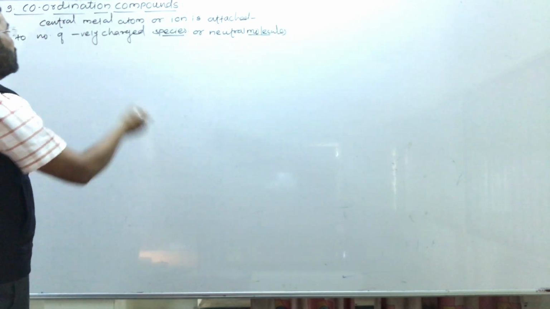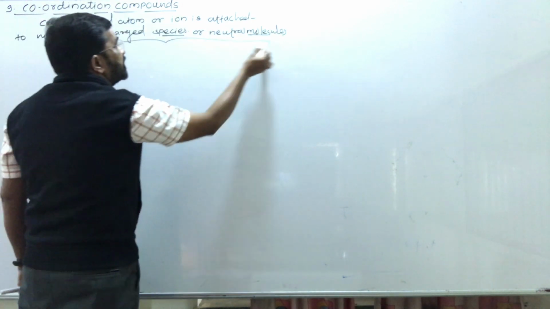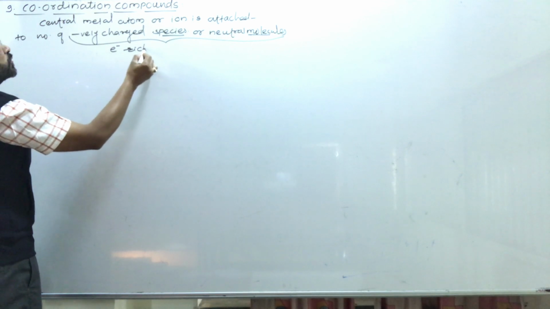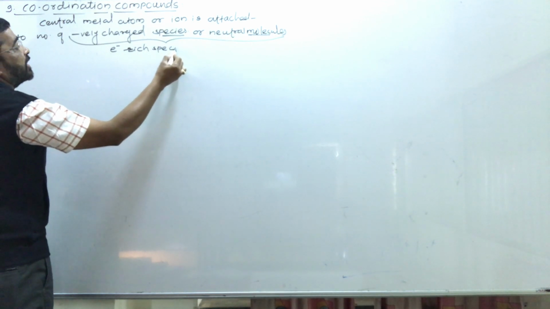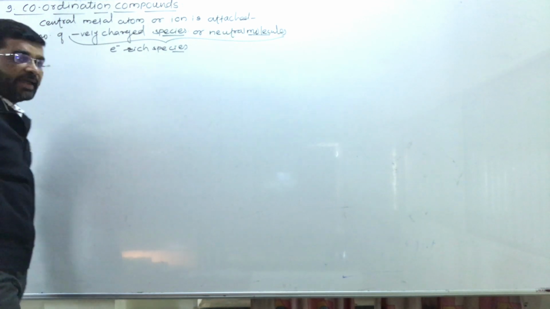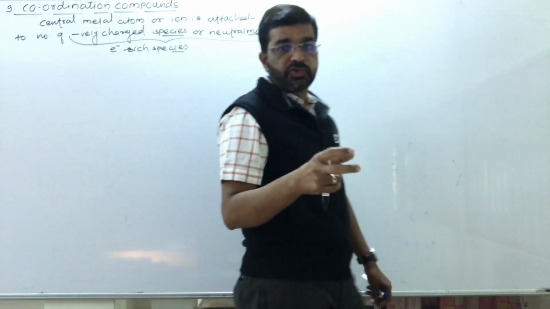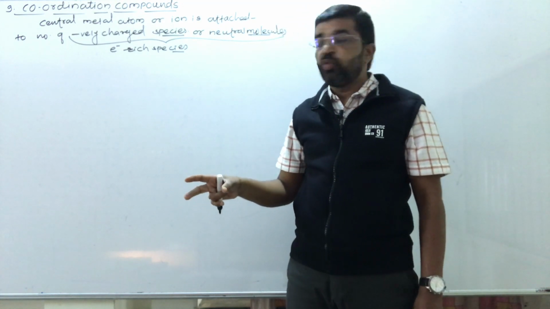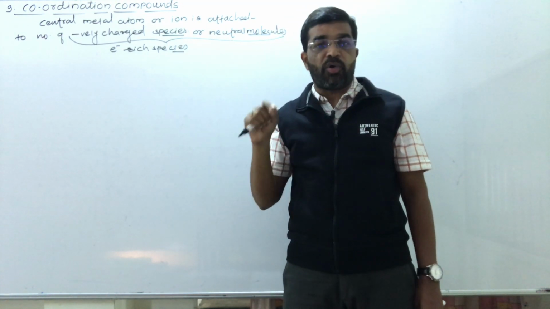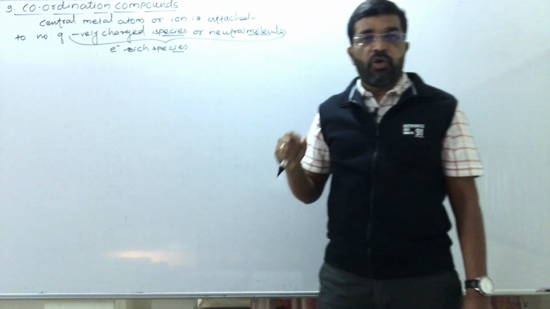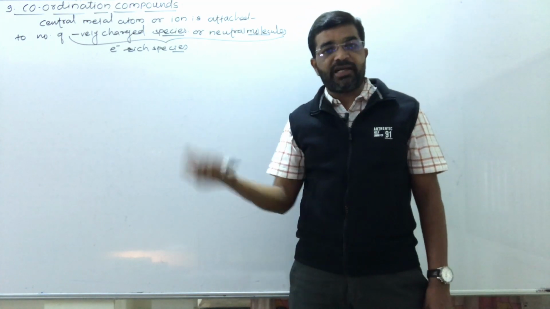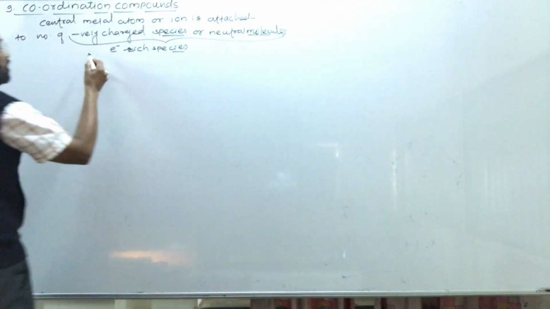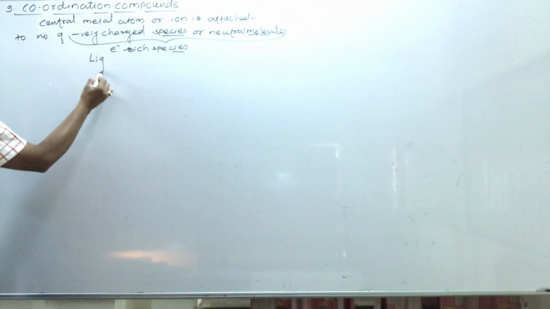So these negatively charged species or neutral molecules, actually these are electron rich species. And these electron rich species donate electron pair to that central metal atom or ion, and these are called the ligands.